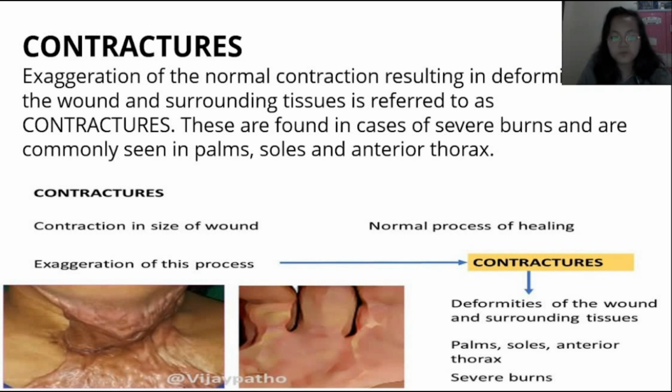The most common sites of contractures are palms, soles, and anterior thorax. It usually occurs in cases of severe burns, just like this. This is a contracture seen in the palms, and this is a case of severe burns. There is deformity of surrounding tissues.